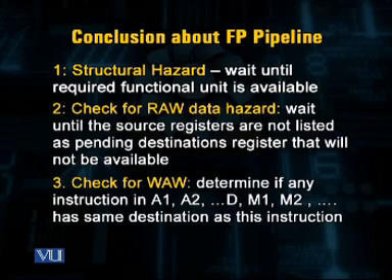Whereas the third check is for write after write hazard. This write after write hazard is determined if any instruction in A1, A2, etc., or M1, M2, etc., has the same destination as this instruction.